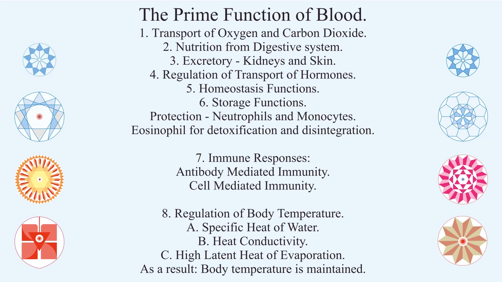And heat conductivity is also very, very high. As a result, with the high latent heat of evaporation, these things can result in a body temperature which is maintained at 98.4 degrees Fahrenheit or 37 degrees centigrade, to be perfectly healthy, wealthy, wise and happy for the rest of the body. And that is very, very important when it comes to the question.